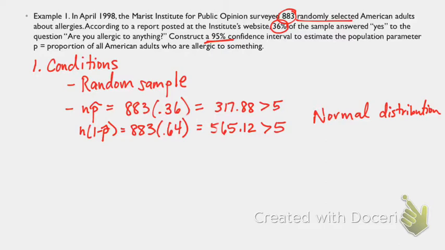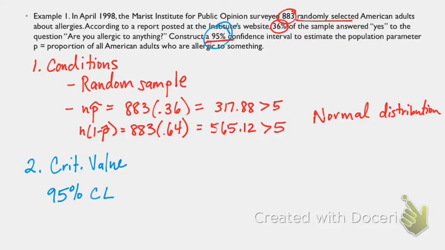Well, step 2 is what? Critical value. Do we only do it for the 95%? Yes, so my confidence level is 95%.